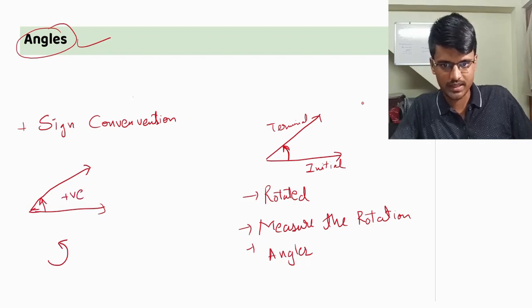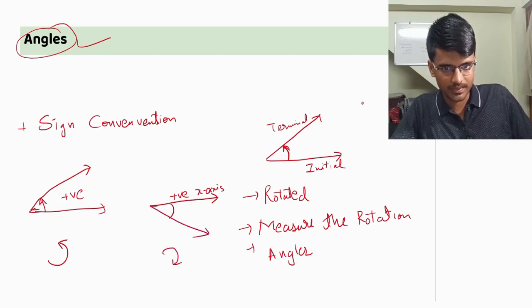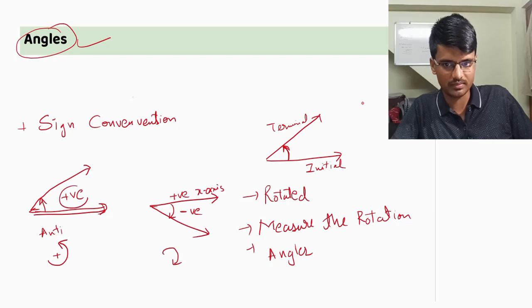This is our reference line, x-axis, positive x-axis is my reference line, and if I go in clockwise direction, this direction, this is taken as negative. This is my x-axis. If I go in anti-clockwise direction, it is positive angle, and if I go in clockwise direction, the angle is negative.